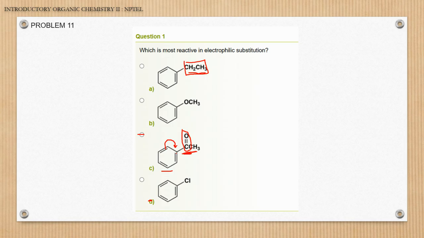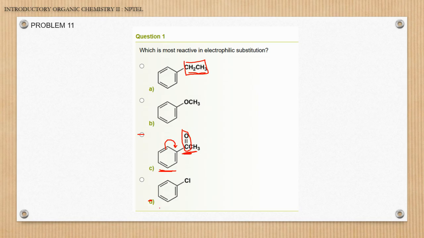It will withdraw electrons from the benzene ring and make it less reactive towards electrophilic substitution, because if it does not have proper electron density, how will it be more reactive in electrophilic substitution? This ring has to trap one electrophile, right? So for trapping that electrophile, the ring should have enough electron density.